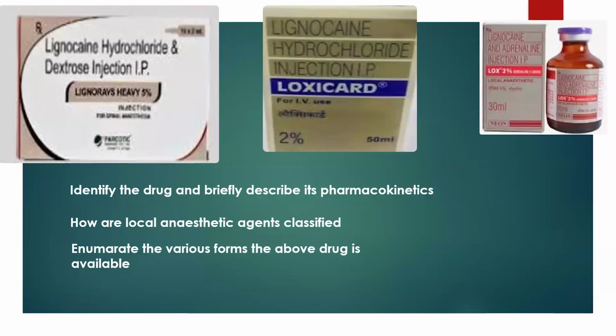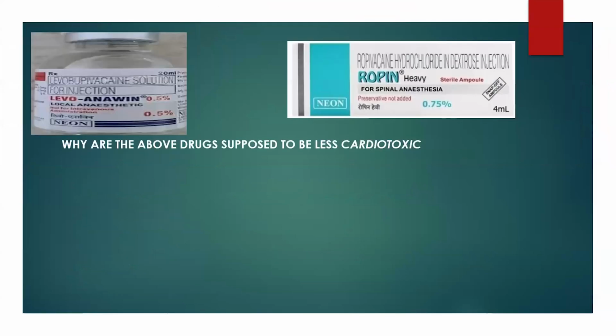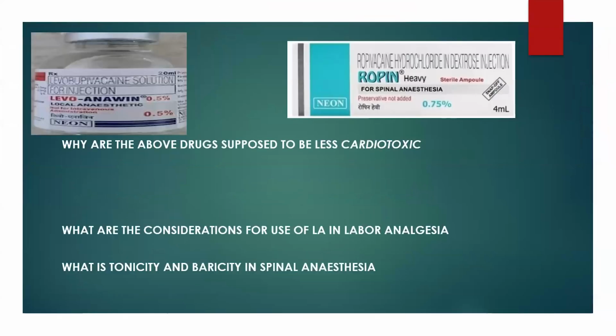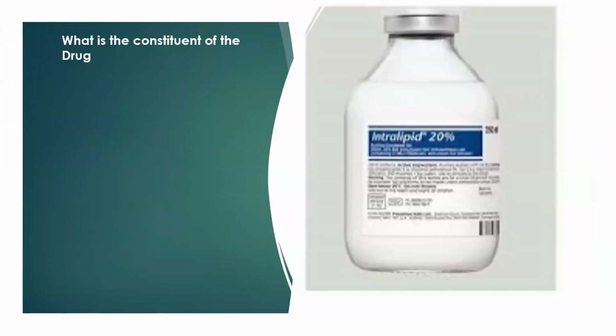Ma'am, shall we go on to the intralipid? Yes. So, Shilpa, can you identify what is that and what is the constituent? This is an intralipid lipid emulsion IV, which is used for local anesthetic systemic toxicity.